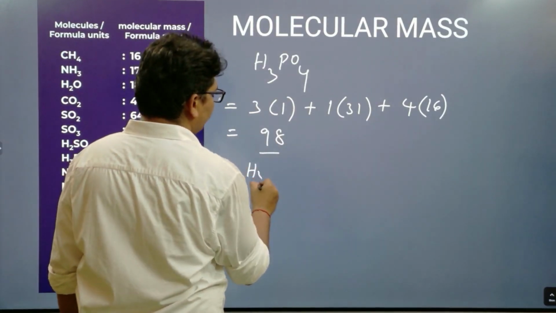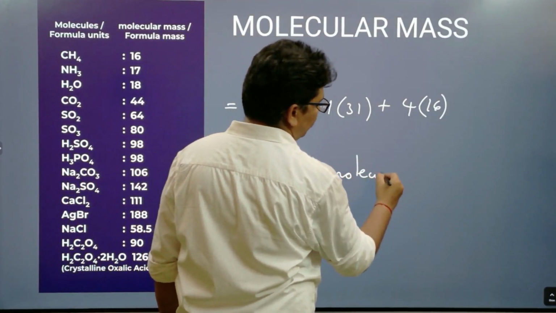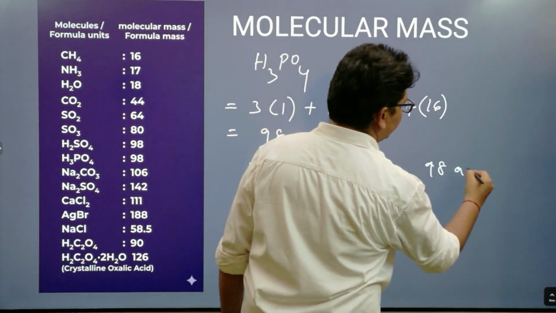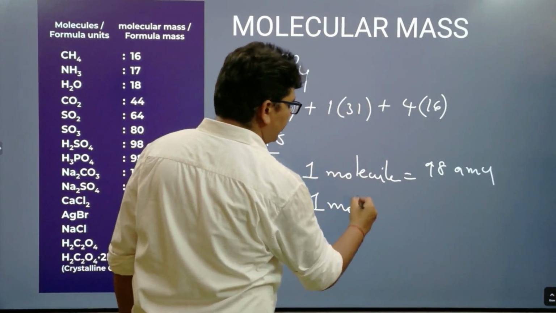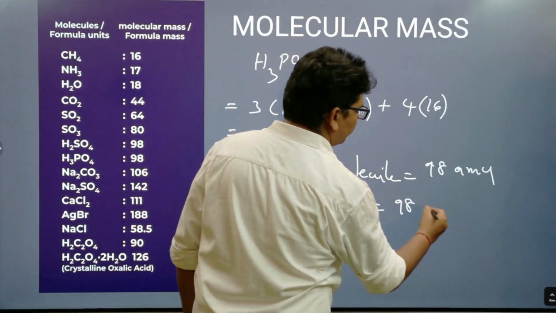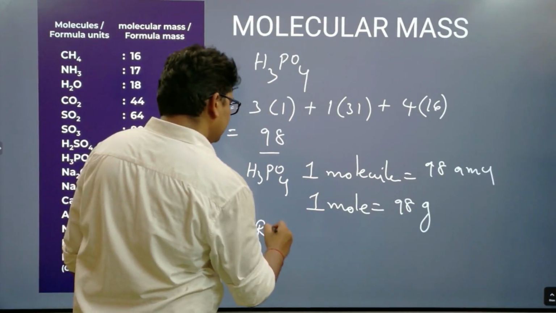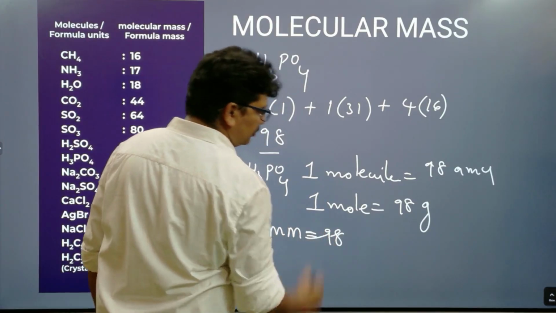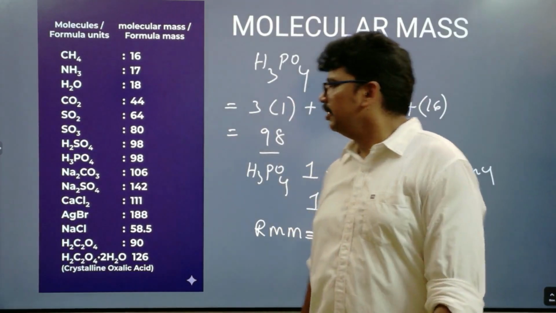So one molecule of H3PO4 is 98 AMU. One mole of H3PO4 is 98 grams. And if they ask for relative molecular mass, simply say 98. We don't say grams or AMU, simply 98.